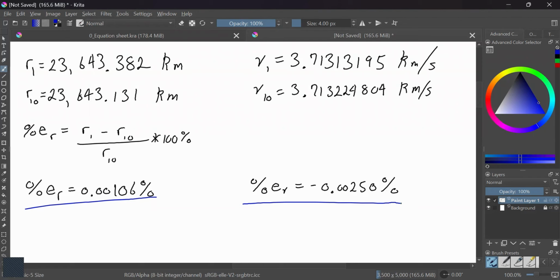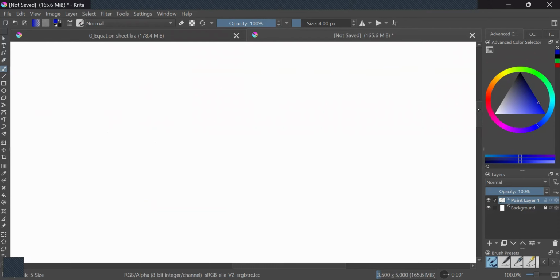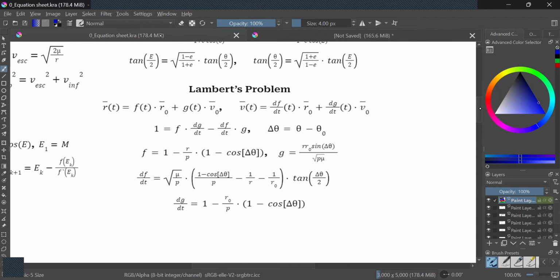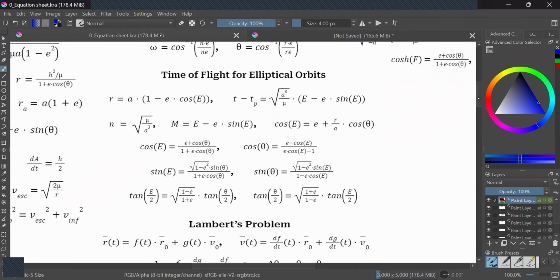Now, one more thing that I want to do while I have your attention here is I want to determine the time of flight between the initial position and the final position. And for that, we're going to visit a different section of our notes.